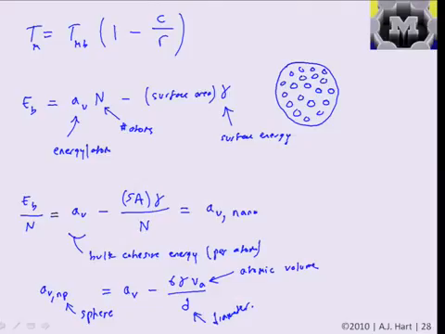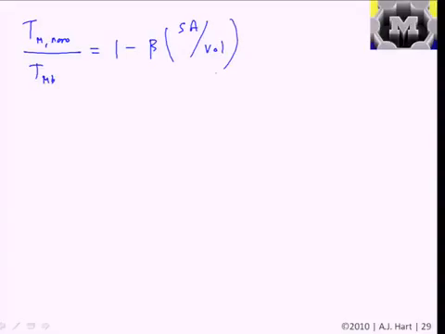And by this approach, the details of how I get to what I'm going to write next aren't important for us, but we could get, for example, that the ratio of the melting point of the nanostructure divided by the bulk melting point is equal to 1 minus some parameter beta times the surface area to volume ratio.